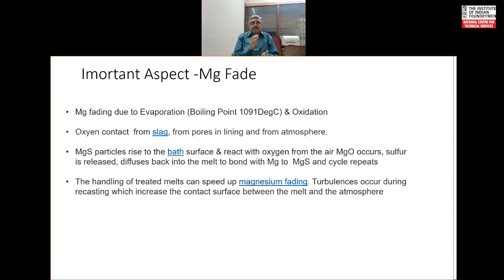Then handling of the treated material can speed up the magnesium fading because turbulence happens and a fresher surface gets exposed. So from treatment vessel to the pouring ladle, when multiple transfers are happening, turbulence occurs, oxidation takes place, and loss to the atmosphere happens. The fading leads to undesirable graphite shapes.